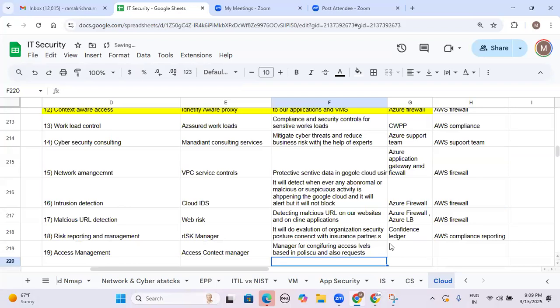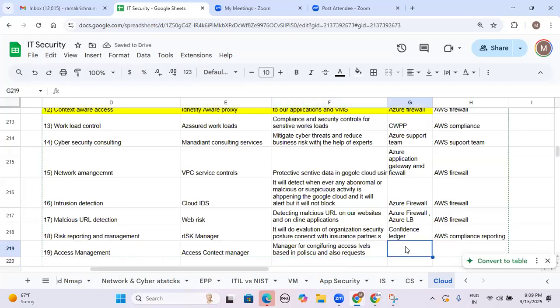This one we can call Azure IAM and Entra ID. I will keep Azure IAM and also Entra ID. This one we can call AWS IAM.